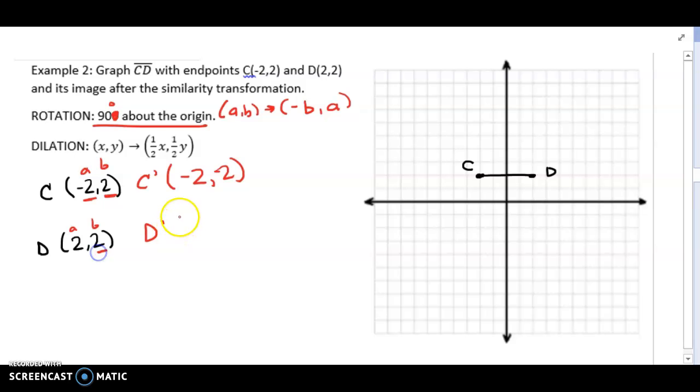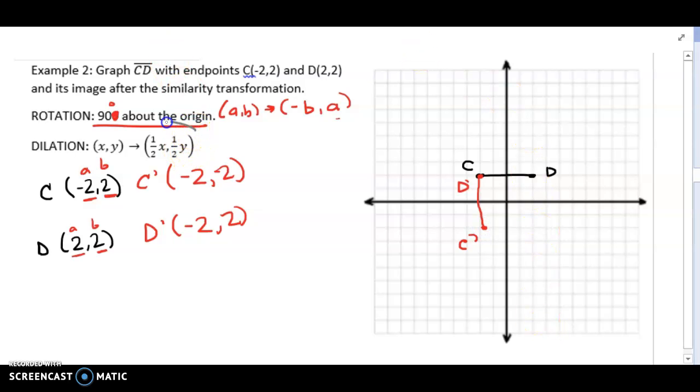And my negative b is a -2. And then my a is just a 2. So if I plot this, I get (-2, -2)... and (-2, 2). So this would be my C prime. The point that was originally my C is now my D prime, which is perfectly fine. And then I'm just going to connect the dots.